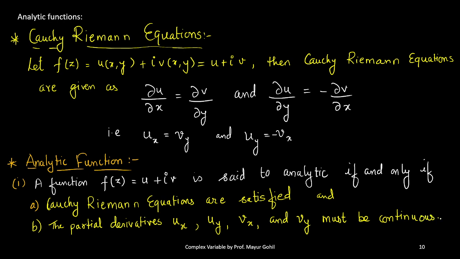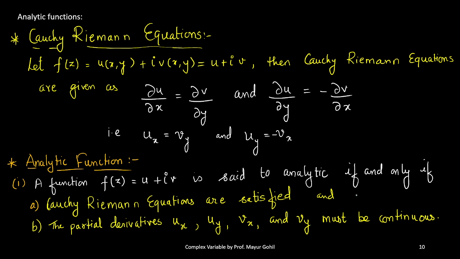If this happens, then the function becomes analytic. Now this is basically the main part, the characterization of a function to become analytic. In the world of mathematics, a function f of z is said to be analytic if and only if the Cauchy Riemann equations are satisfied and the partial derivatives are continuous. These are termed as necessary and sufficient conditions.